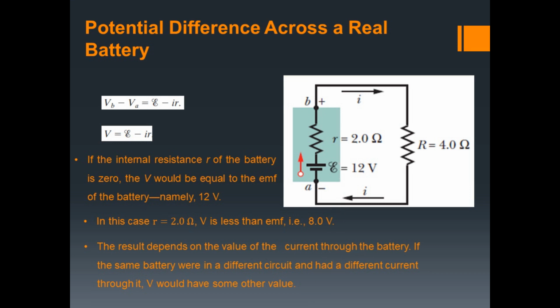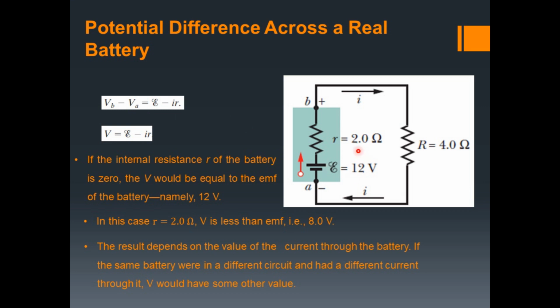Now look at this result, this potential difference. It also depends upon I, which is the current. If the same battery were put in a different circuit and had a different current, then if I changes, this potential difference changes.